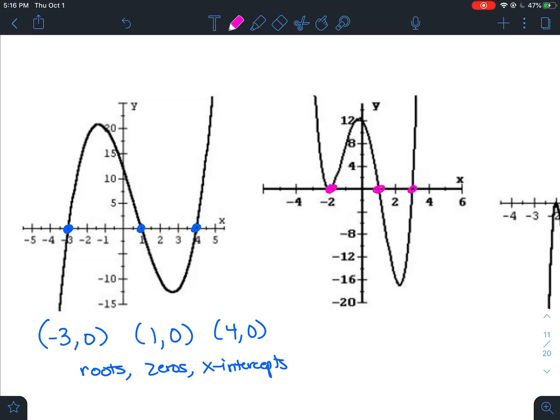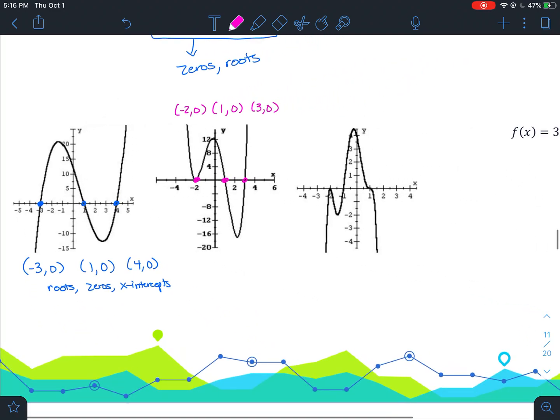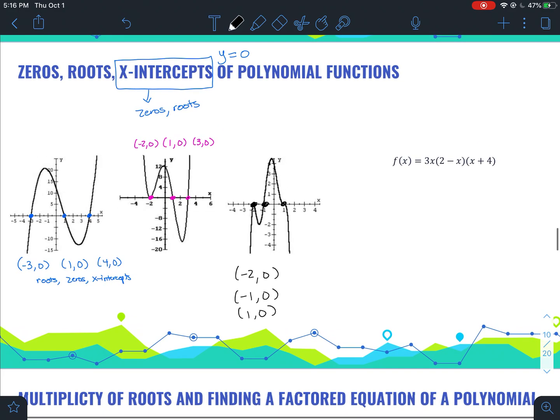So the x-intercepts, roots, or zeros of this function would be (-2, 0), (1, 0), and (3, 0). And then if I look at the next one, my x-intercepts would be at -2, -1, and 1. So (-2, 0), (-1, 0), and (1, 0) would be the x-intercepts, roots, or zeros of that function.